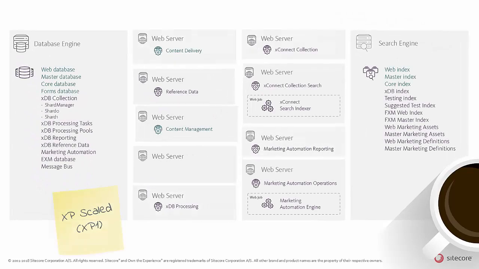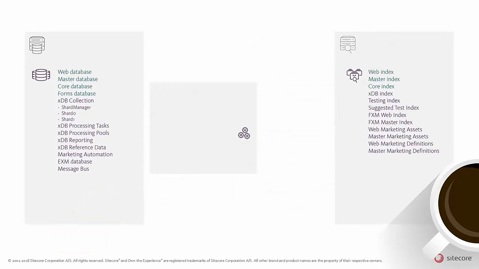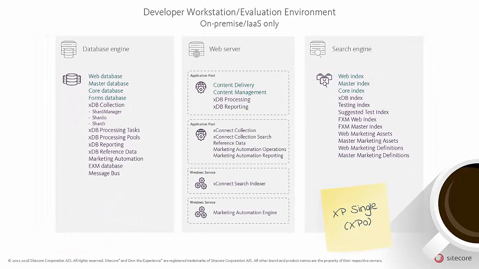Then we are in the process of setting up XP scaled, so all the different roles. That should be done by the time I'm done here. And then we set up an XP single, but in a tweaked way for a developer workstation, so that you could actually start debugging communication between CMS and XConnect.